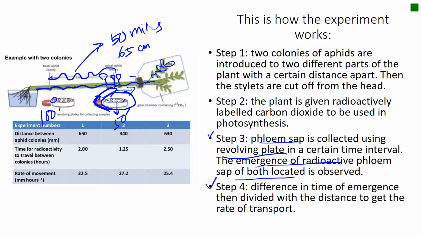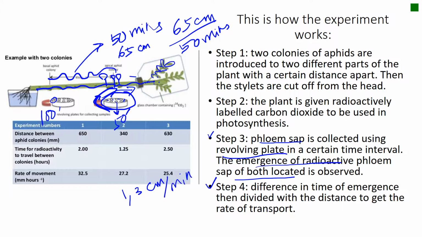So you can see that the rate of flow in the phloem in this case is 65 centimeters per 50 minutes. Or you can simplify, let's say it is about 1.3 centimeters per minute.